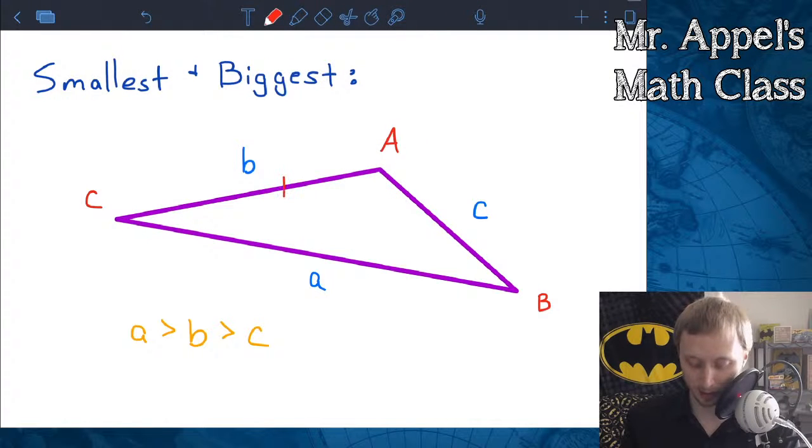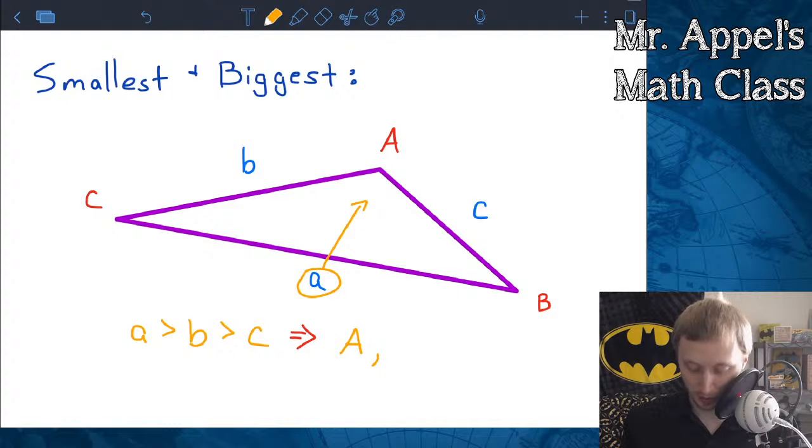They didn't tell us that this is supposed to be equal to that. So it looks to be about in this order. And what's interesting about that is once you put the sides in order, that automatically tells you what order the angles go in, because the largest side will also be across from the largest angle.